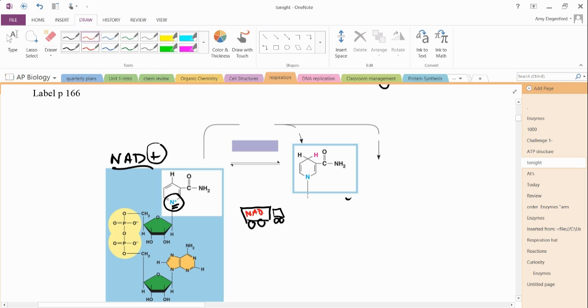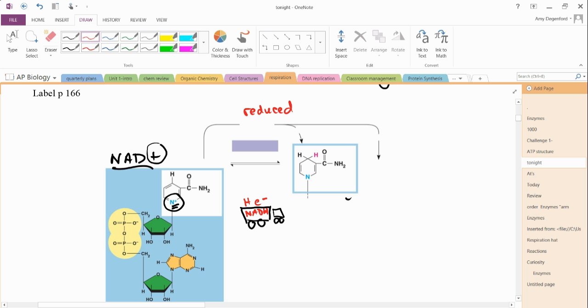NAD positive, as it loads up with hydrogens and electrons, is going to change to NADH. So here it is gaining an electron. Once it gains an electron, it is reduced.